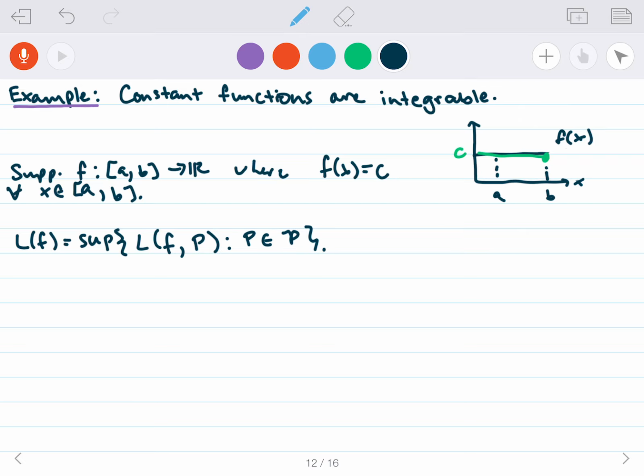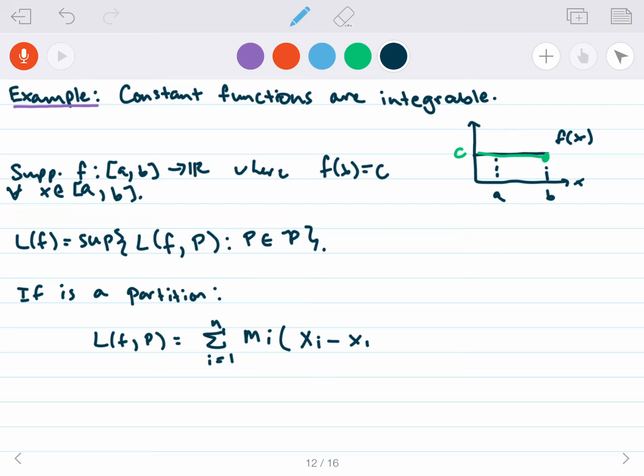So for an arbitrary partition, so if P is a partition, we have that our lower sum, by definition, is just the sum from i equals 1 to n, depending on how many rectangles I'm using, of m_i, where this is the infimum on each subinterval, times x_i minus x_{i-1}.